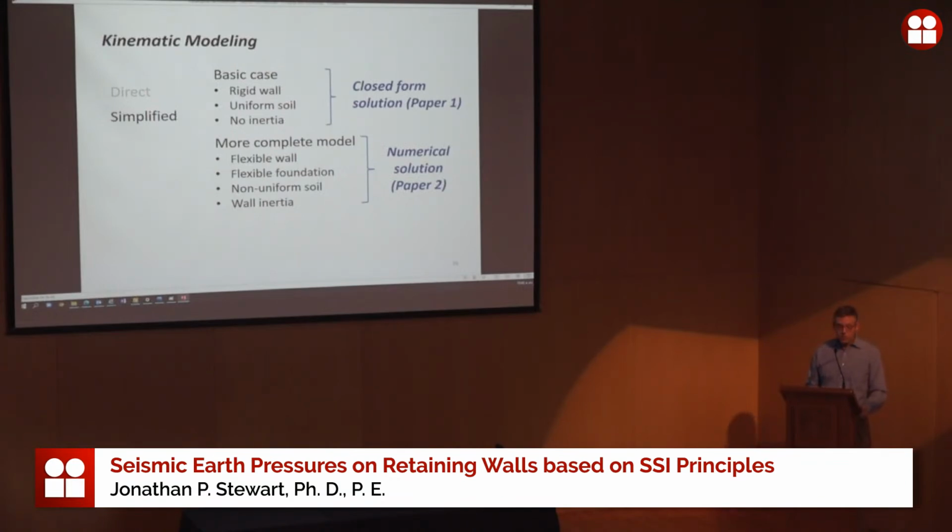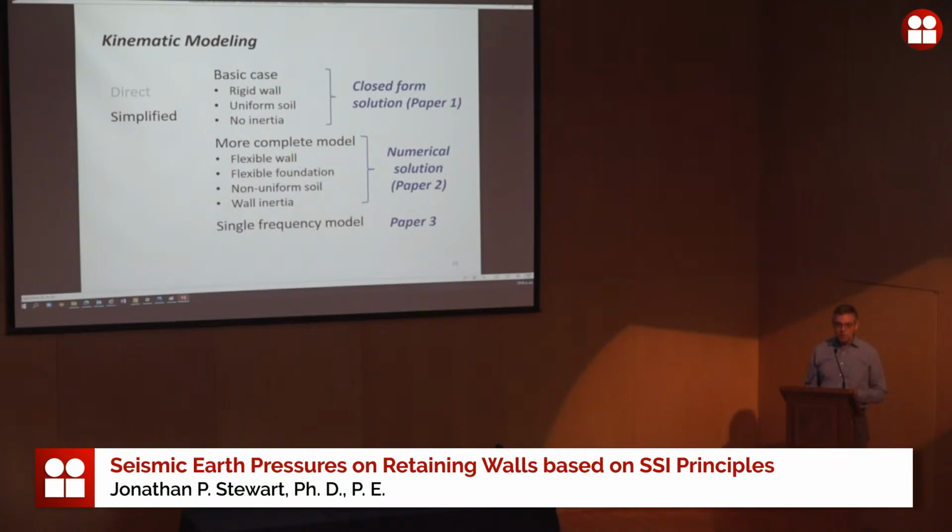And what that solution basically will give you, for a given input motion and a given set of properties of soil and wall, is a time series of that PE force. That's too complicated for most engineering problems. Keep in mind that our competition, if I can put quotes around competition, in developing this is Mononobe-Okabe, which, for all its faults, is easy to use.